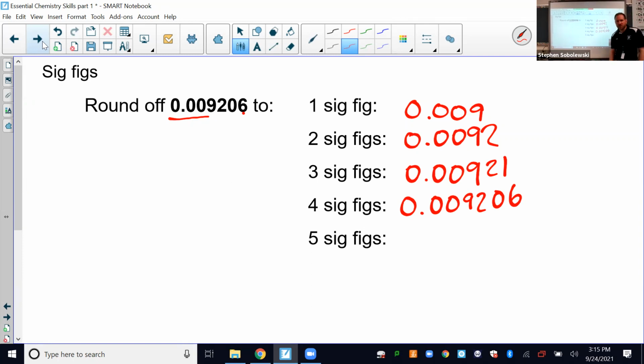We don't have 5 digits. But if there is a decimal, you can make it more sig figs. In fact, any number you can by adding decimal places. We're going to stick a 0 at the end of this. If we are confident with this number up to 5 places, we're going to stick a 0 at the end as our 5th sig fig. 0.009260.